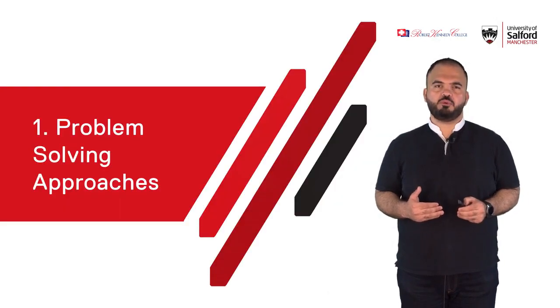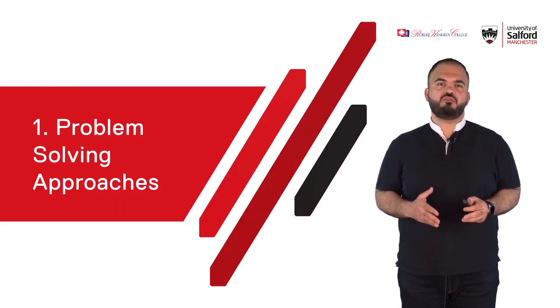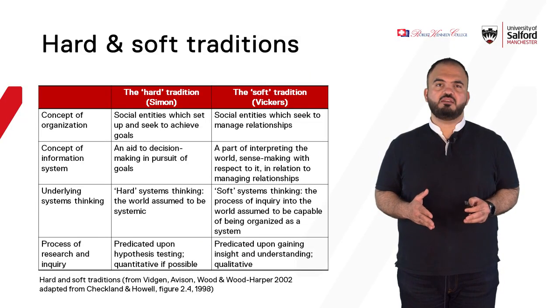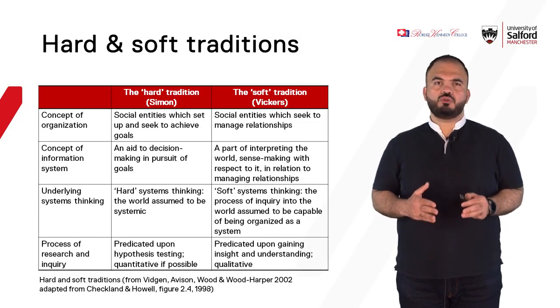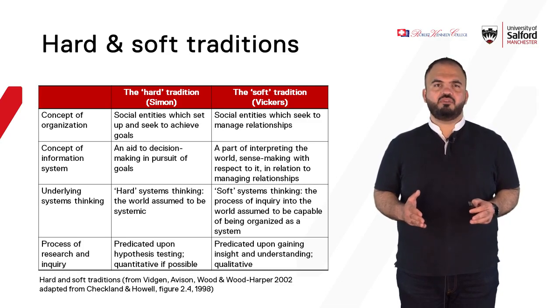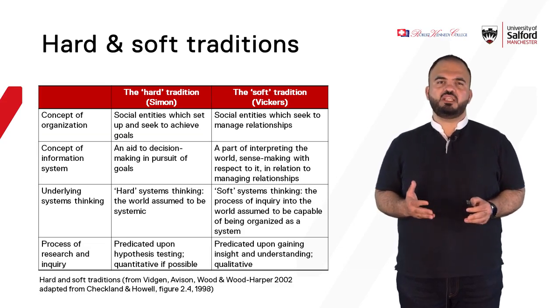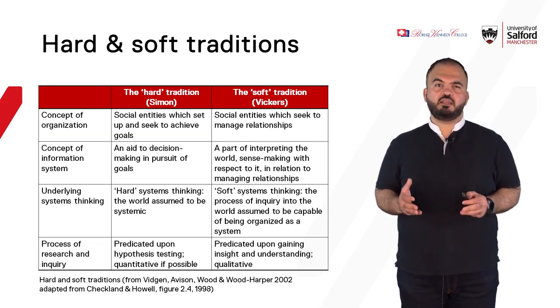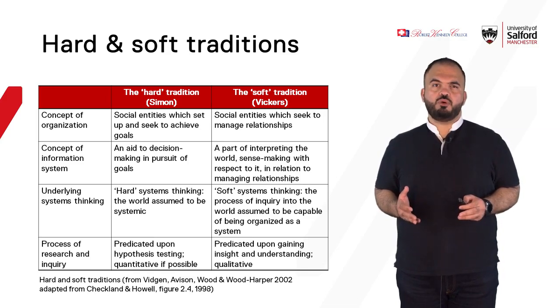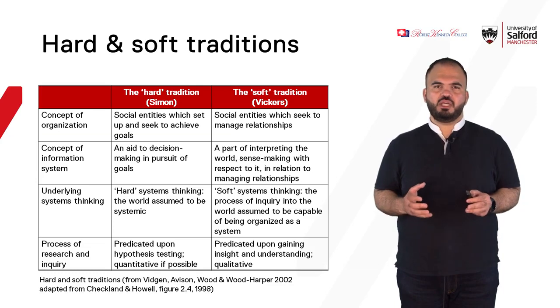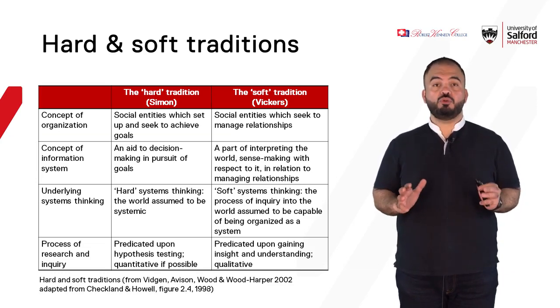So problem-solving approaches. Now, usually if you have a system that is hard, which includes components, you know what is going on. You can have it like an equation, like linear programming, resources, inputs and outputs. Now, this could be easy to define, but in the internet age and information age, we have more wicked situations where the maximum you can do is to get a soft view, so you get an ad hoc picture and a contingency.